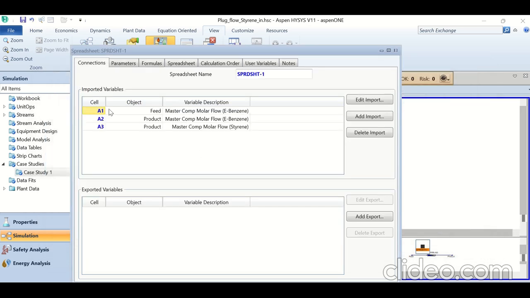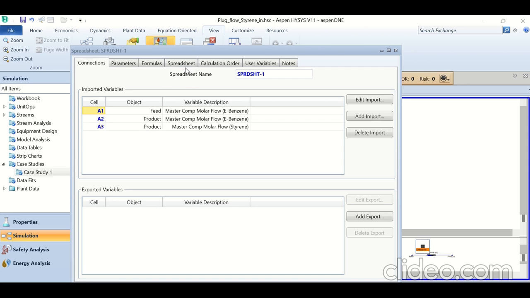Click done. So in cell A1 we have molar flow of ethyl benzene in the feed, and in cell A2 we have the molar flow of ethyl benzene in the product, and the molar flow of styrene in the product in cell A3.